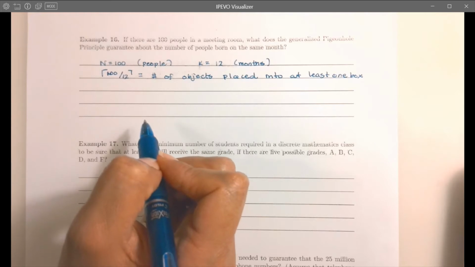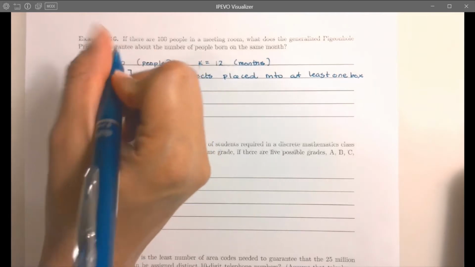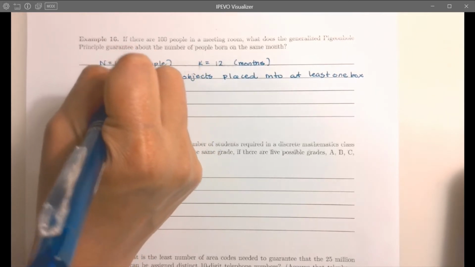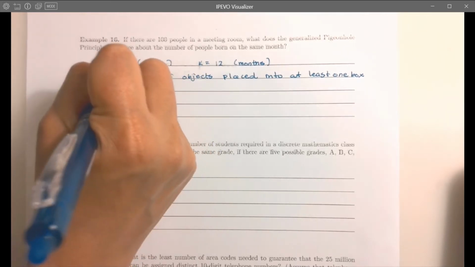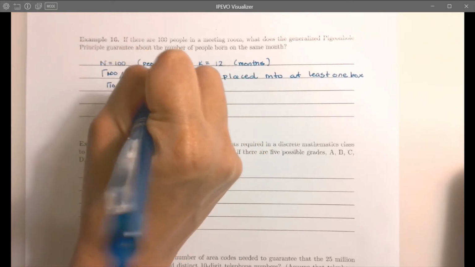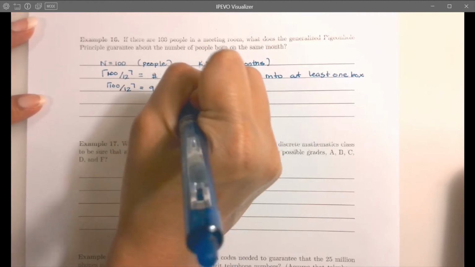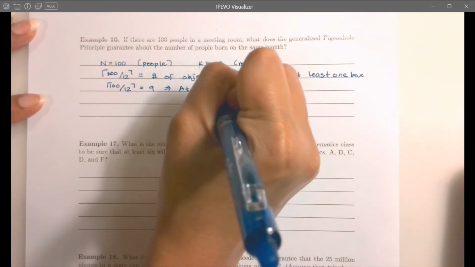And 100 over 12, if you take a look at your calculator, is going to give you 8.33 with the repeating decimals. So the ceiling of 100 over 12 is going to be 9. And that means that there are at least 9 people with the same birth month.